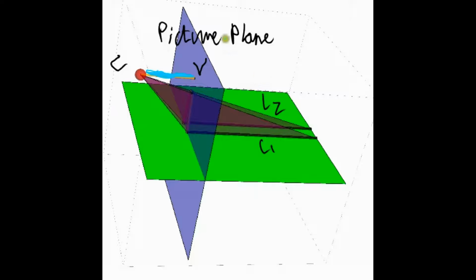We can again define a plane which cuts through L2 and contains C, and we can think about how that plane is going to be perpendicular to the picture plane and how it's going to contain that line between C and V. Again, we get exactly the same conclusion: that plane cuts through V, at least when L2 is indefinitely long, and in that case it's going to touch the vanishing point V, and therefore there is also a distant point on the line L2 which gets projected to the vanishing point V. And so this demonstrates that these two parallel lines in the scene are going to end up reaching a common vanishing point, which is essentially at the same height as the viewing point.